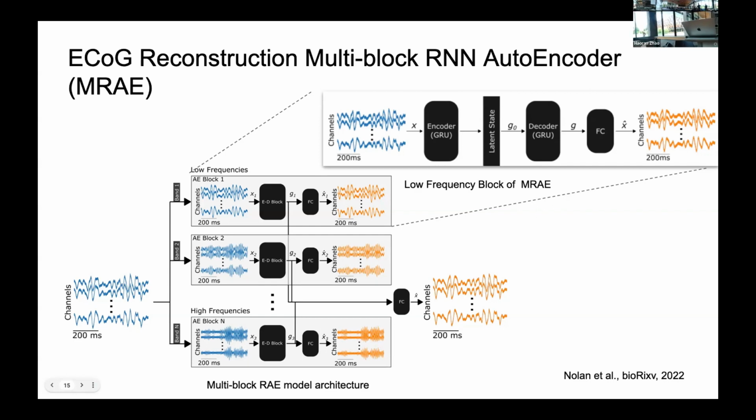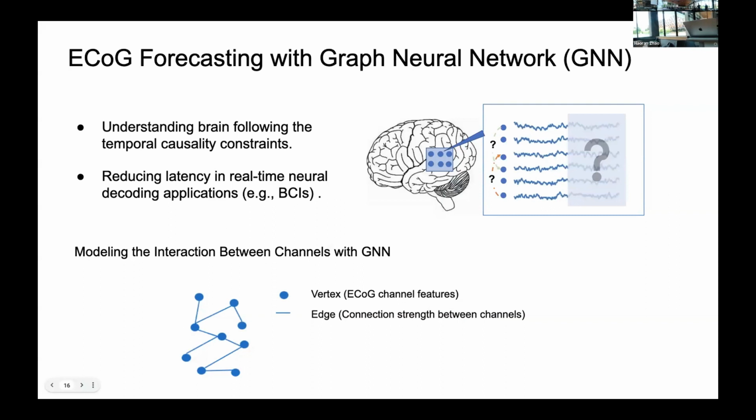Next, I will introduce the ECoG signal forecasting. The reason we want to do forecasting is that the brain signal follows temporal causality, so with forecasting we can do something similar to brain signal generation.